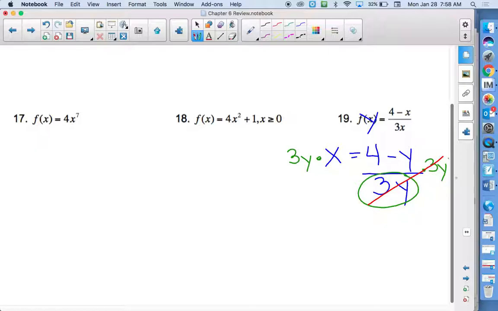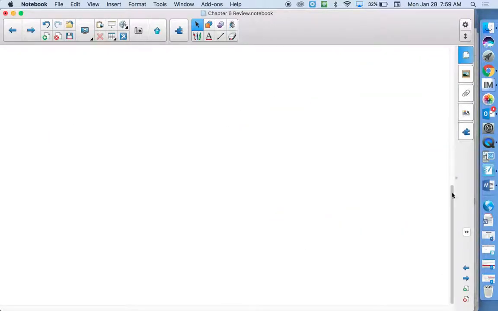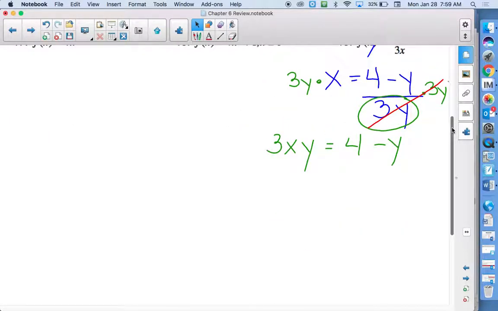And on the other side, we have a 3, a y, and an x, but I'm going to write that in alphabetical order. So 3xy is equal to 4 minus y. Now there's still two y's up here, and our goal is to get y equals.